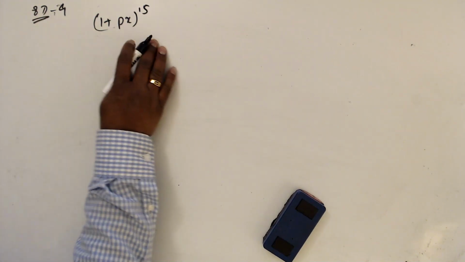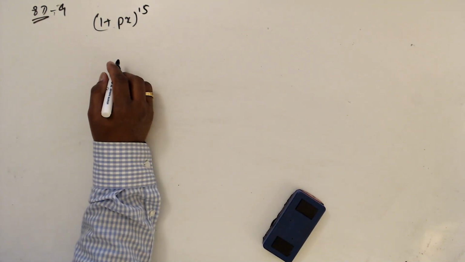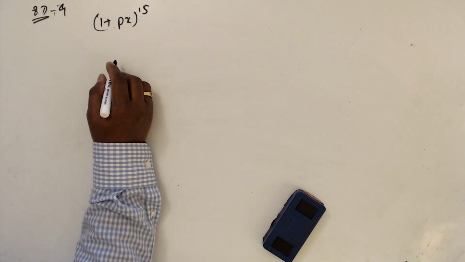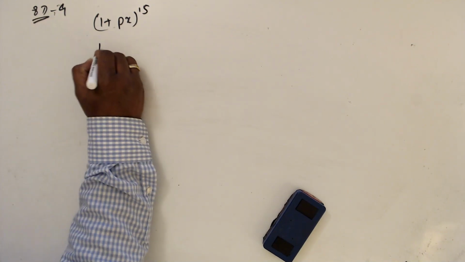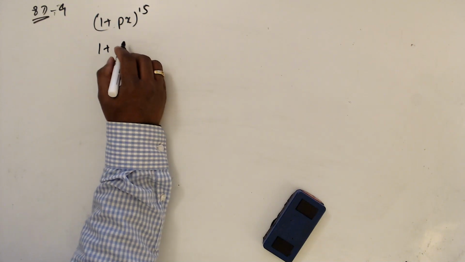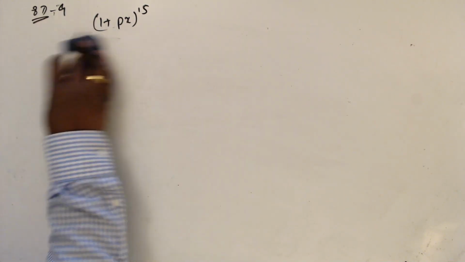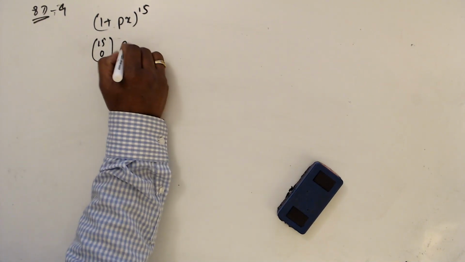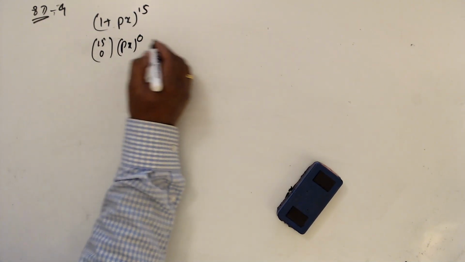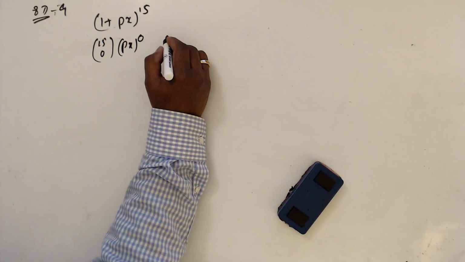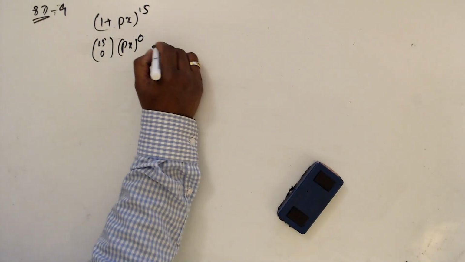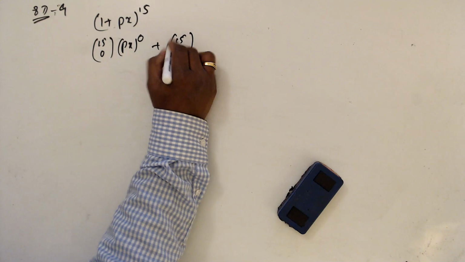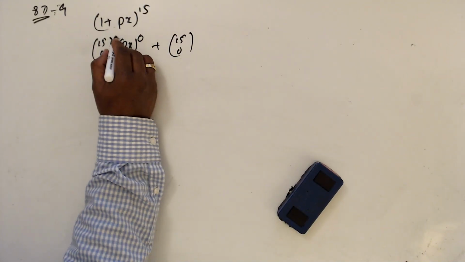Question number 9, first three terms. So this is going to be 1 plus 15 0 px 0 and plus 15 1.